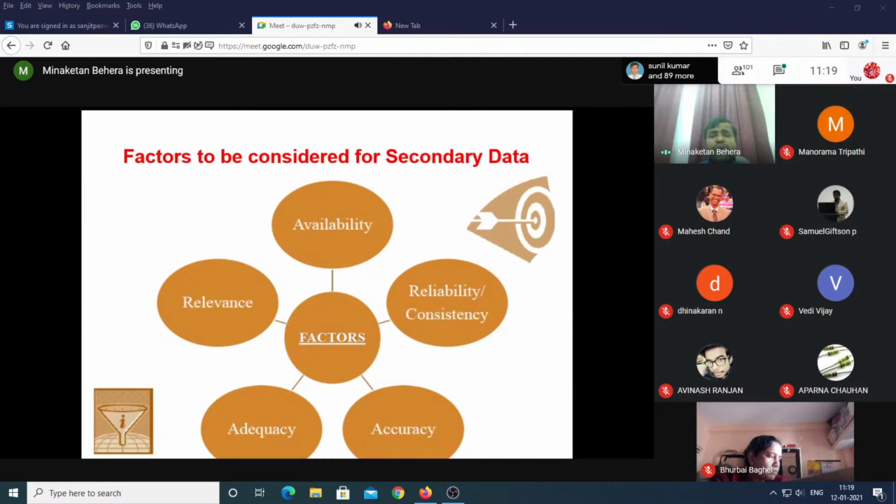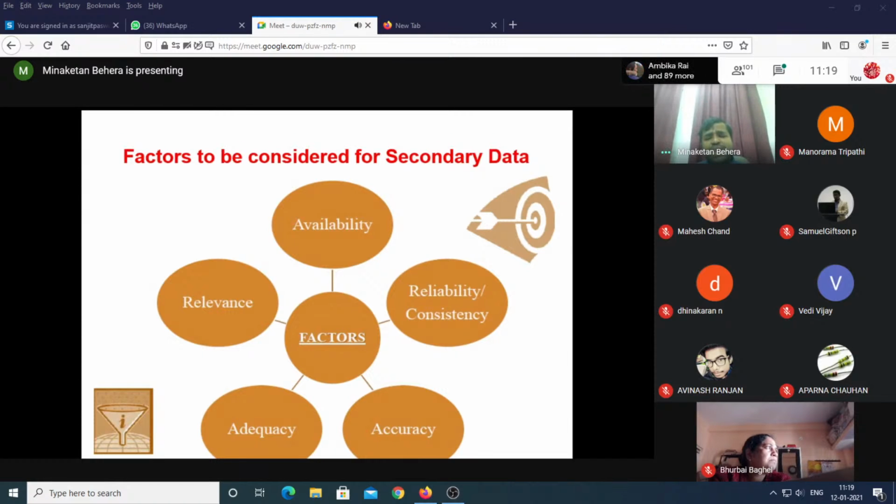Then, another dimension is reliability. Whatever data is available in the market or in the literature, is it from reliable sources? What is their methodology? Those of you using secondary data have to be very clear on that dimension, otherwise you will face lots of problems.